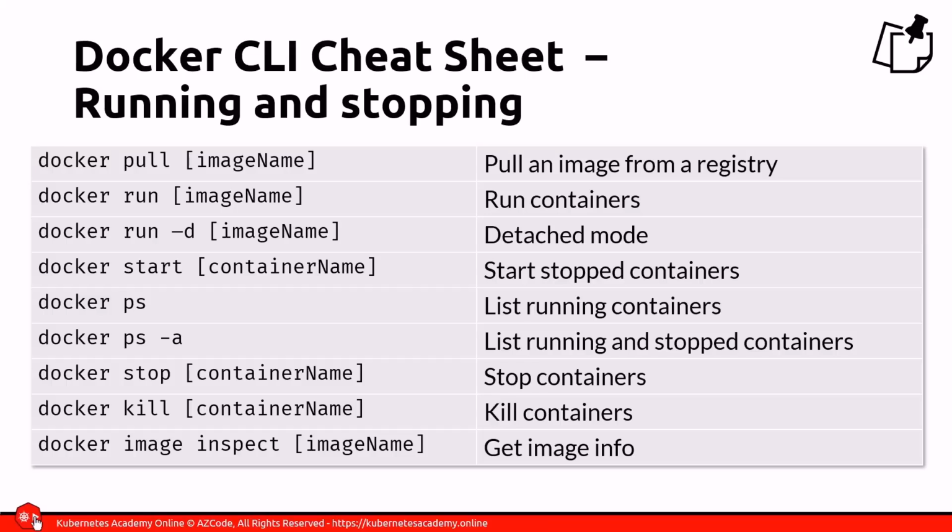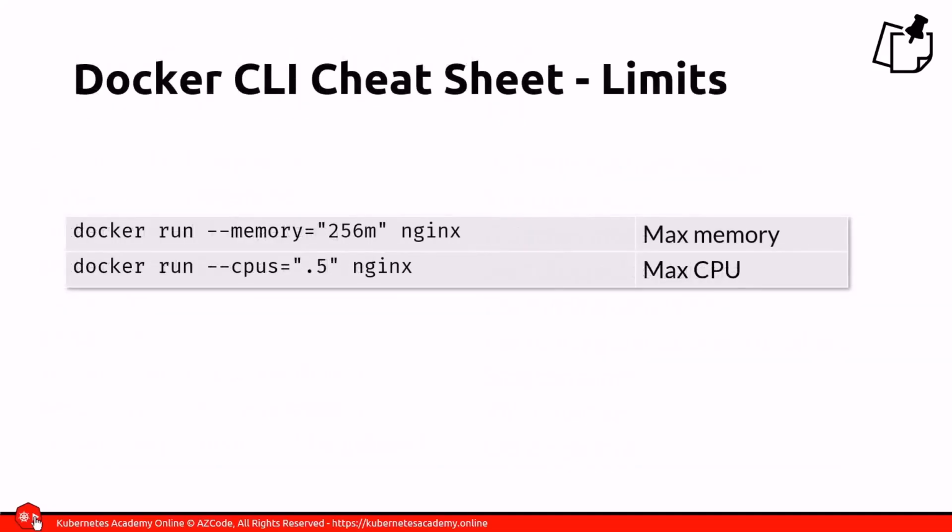The run command has an optional flag called --name that lets you specify a name. If you don't specify one, Docker will auto-generate one for you. You can set limits on the memory and the CPU that the container can use when using the run command.